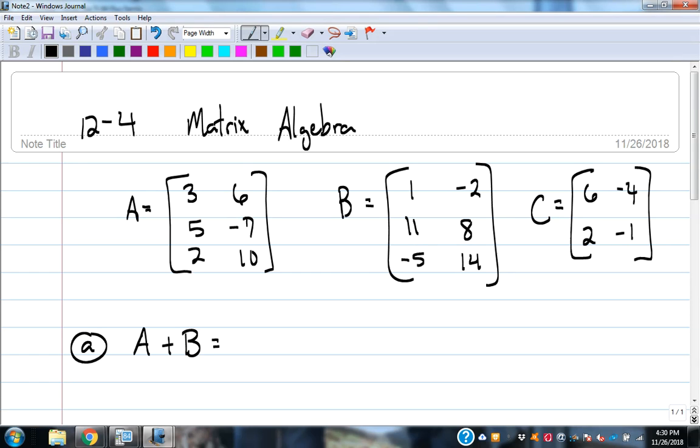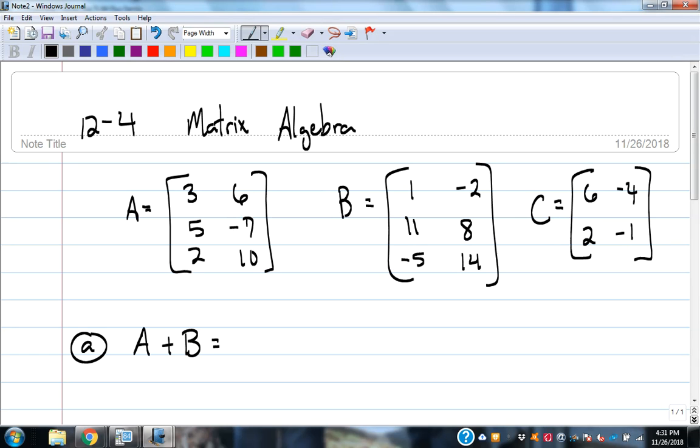In order to add and subtract matrices, you have to have the same size. So if I'm going to add A and B, they have to be the same dimensions. You got to have the same number of rows and columns in both of them. So A is a 3 by 2, B is a 3 by 2. So that means it's a defined operation to be able to add those together. And you just add the matching spots.